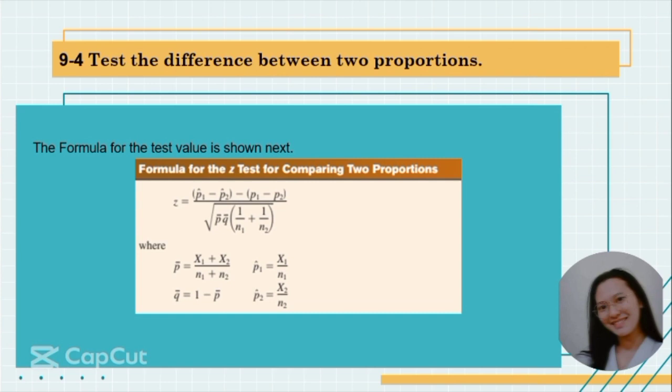Formula for the z-test for comparing two proportions: z equals p hat sub 1 minus p hat sub 2, minus the quantity p sub 1 minus p sub 2, over the square root of p bar times q bar times 1 over n sub 1 plus 1 over n sub 2, where p bar is x sub 1 plus x sub 2 over n sub 1 plus n sub 2, q bar is equal to 1 minus p bar, p hat sub 1 equals x sub 1 over n sub 1, and p hat sub 2 equals x sub 2 over n sub 2.